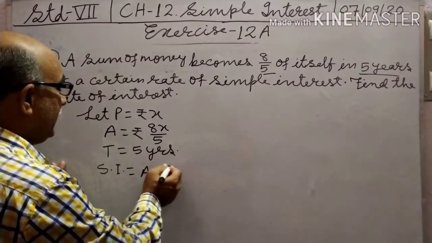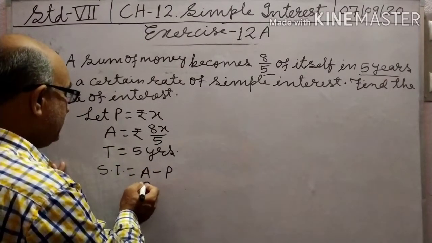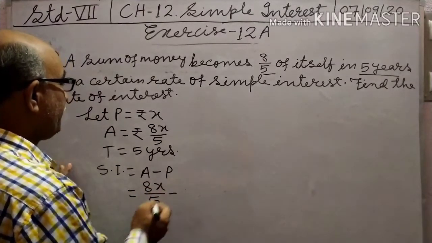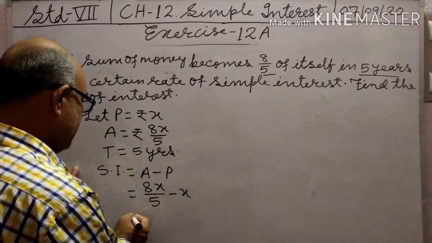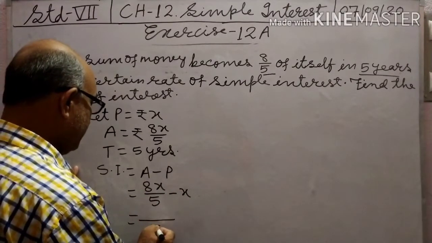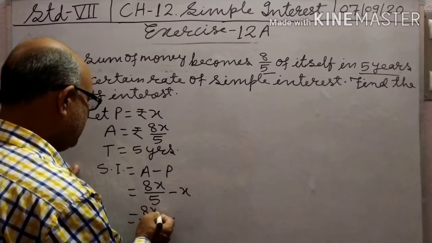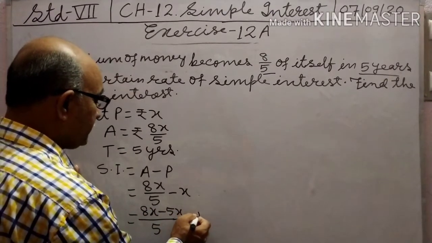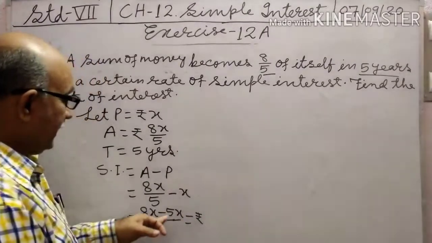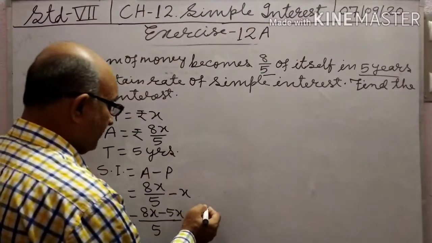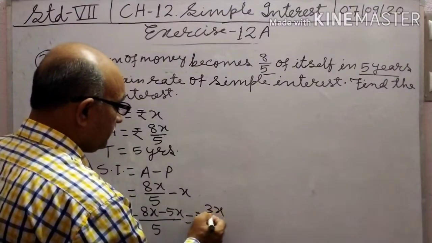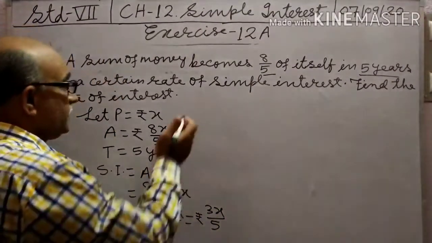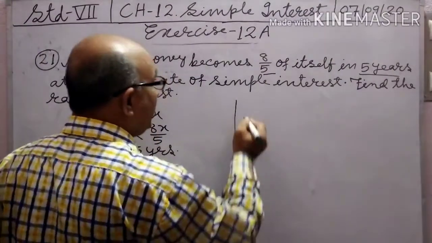SI equal to A minus P equal to 8x by 5 minus x, LCM 5, 8x minus 5x equal to 3x. 3x by 5 is the SI of this principal.